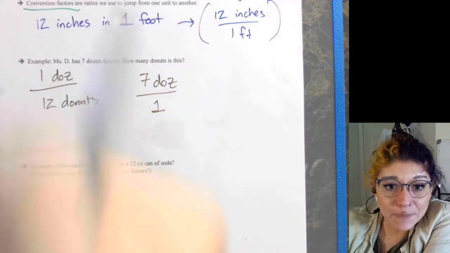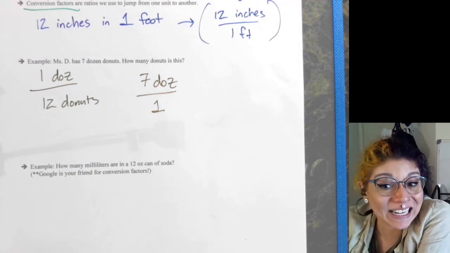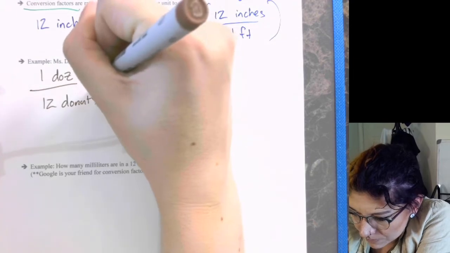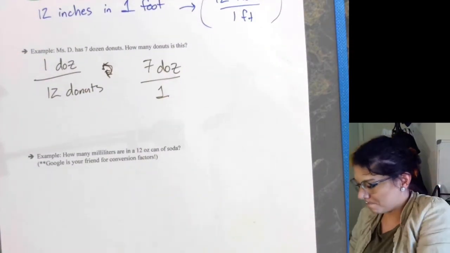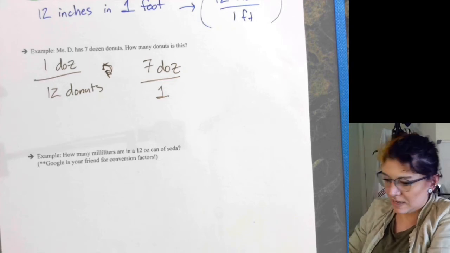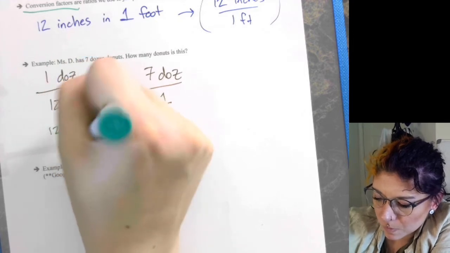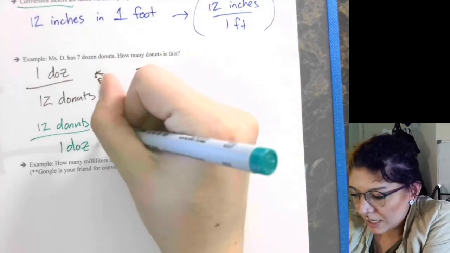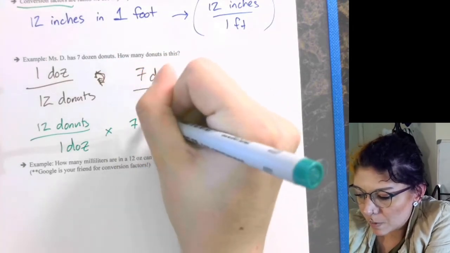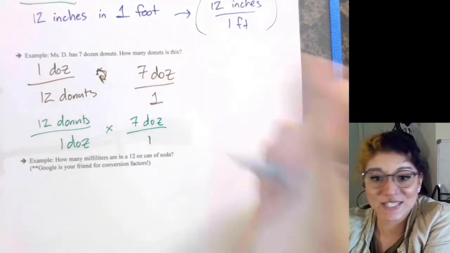So I'm going to flip this conversion factor so that the dozen unit cancels out. Flip. Ooh, that was a bad arrow. Pretend that was flip. So what you end up with here is there are 12 donuts per 1 dozen. I'm going to multiply that by 7 dozen. Because remember, you can think of this like it's over 1.